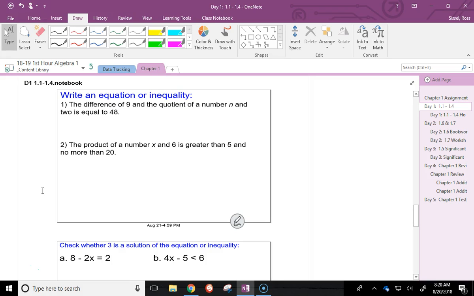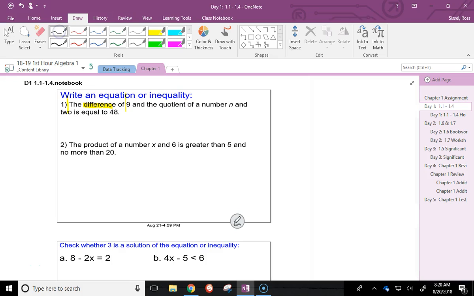Write an equation or inequality. This is going to be the same as we did before, but now it's not just going to be an equal sign. We're going to use less than as our equal sign. So I still break down the vocabulary the same. Difference. The difference of, there's my phrase.